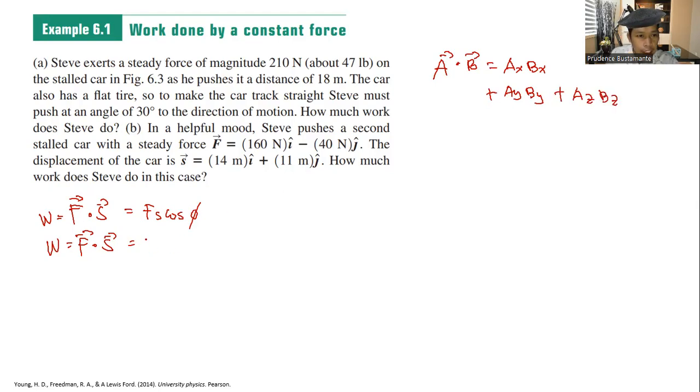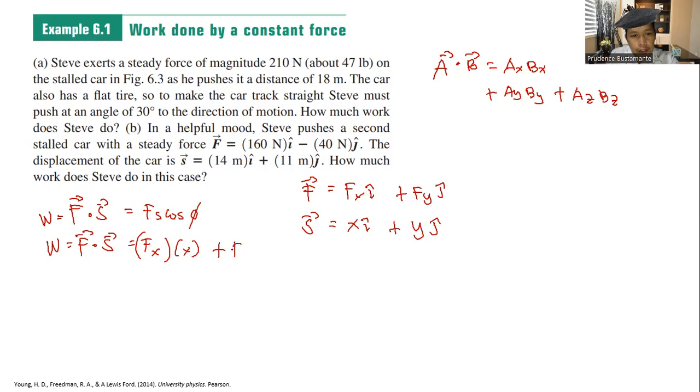In this case, our vector F has Fx i hat plus Fy j hat, and S is equal to X i hat plus Y j hat. So we have Fx times X plus Fy times Y, because our AX is Fx, our BX is X, our AY is Fy, our BY is Y, and we have no Z component.